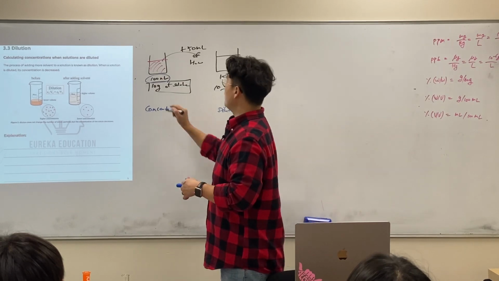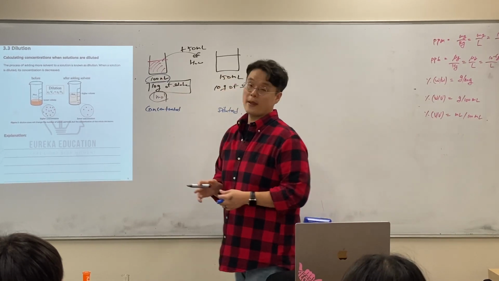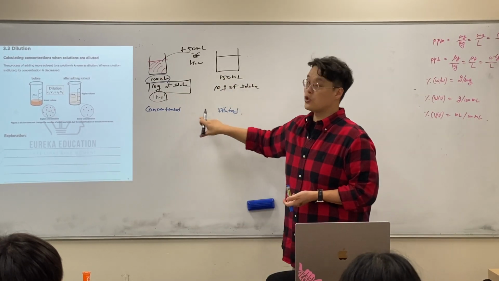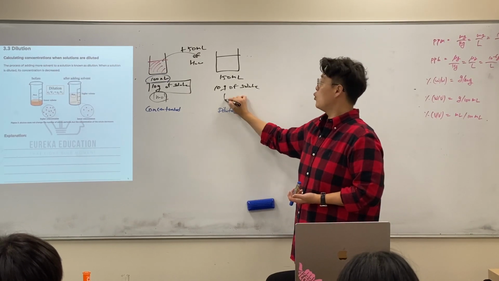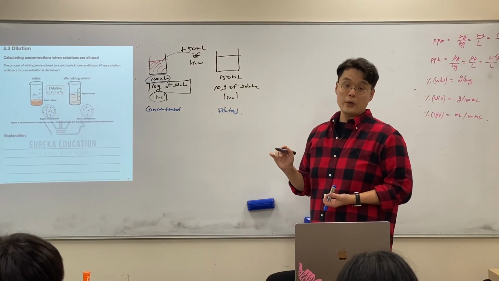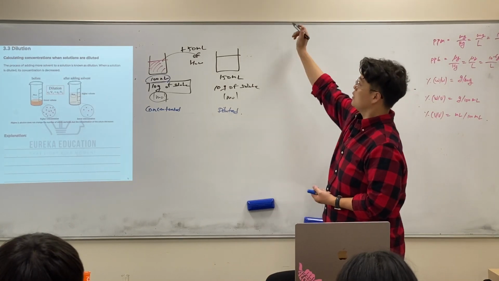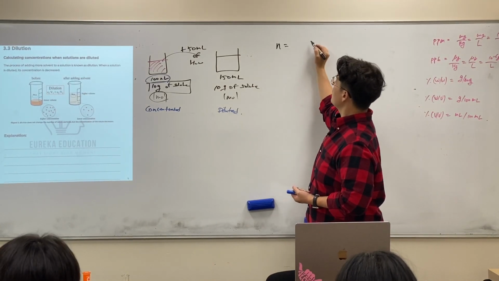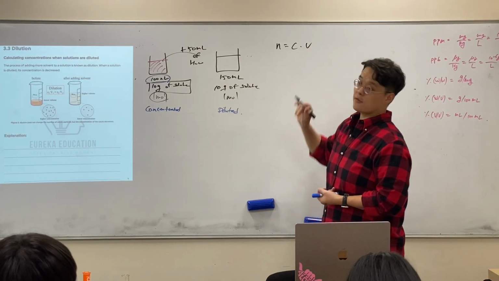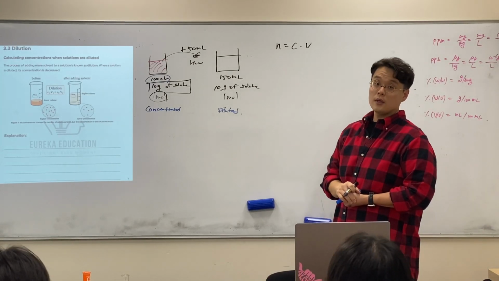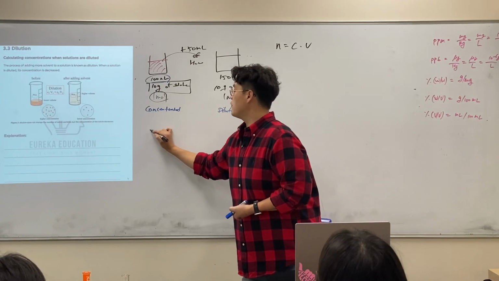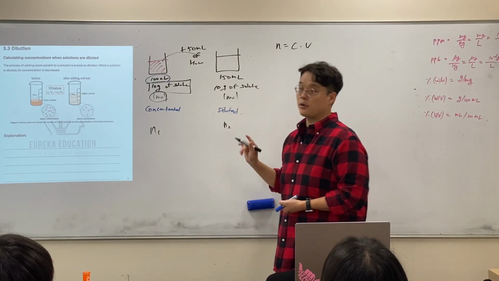If I had, say, 1 mole dissolved in that, after dilution here it will still be 1 mole. Then how do you find the moles? We found that n is known as C times the volume. So assume I'm trying to find n1 and n2 separately.